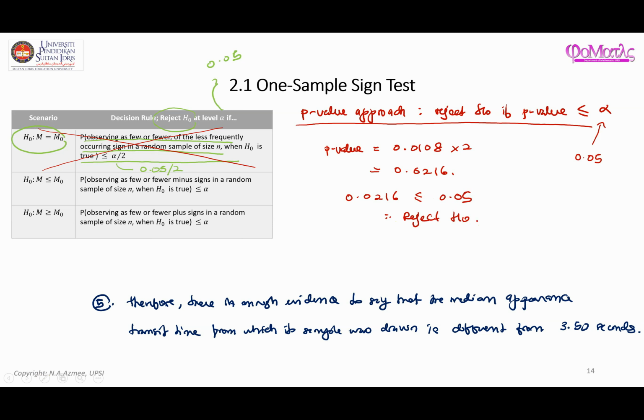Now, another one that I would like to talk about is the traditional approach on step 4. So, I'm just going to erase this part.